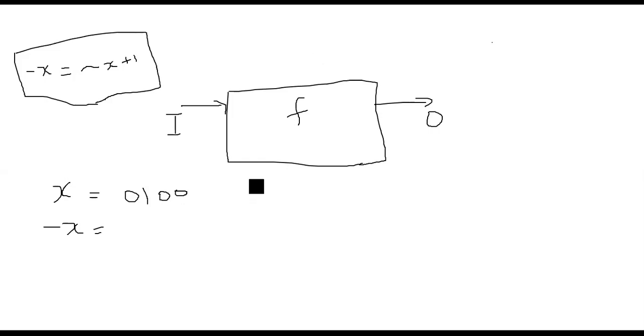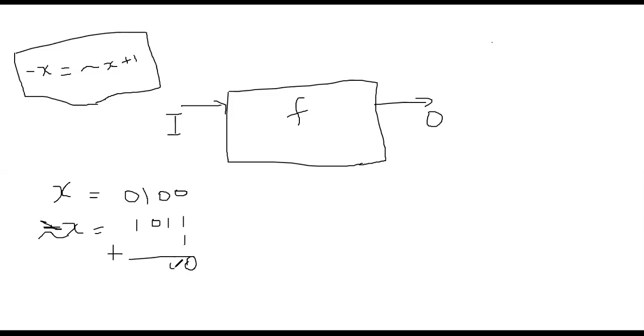Okay. So what is minus x? First, I need to take a 1's complement of x, of course. So let me first do the 1's complement of x instead of minus x. No minus. So the 1's complement of x is 1, 0, 1, 1. And if you add 1 to it, what will happen now is 0, carry over is 1.